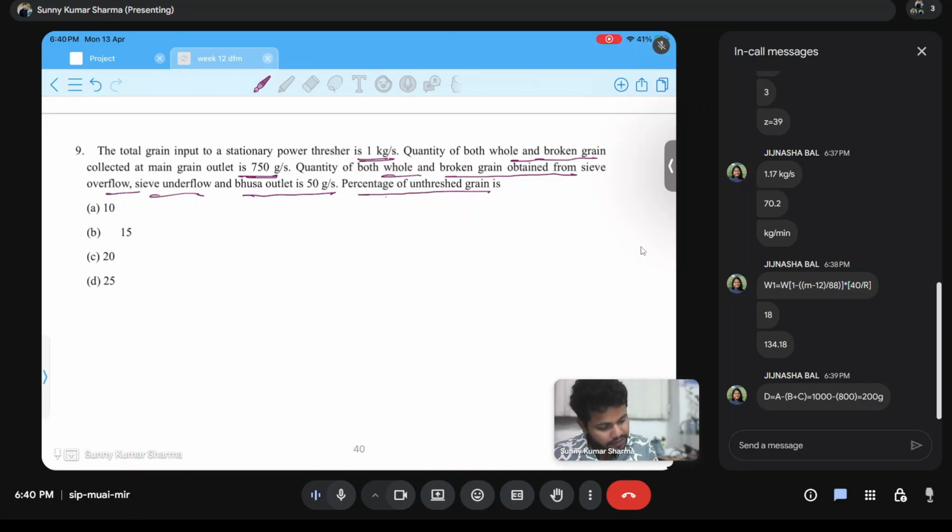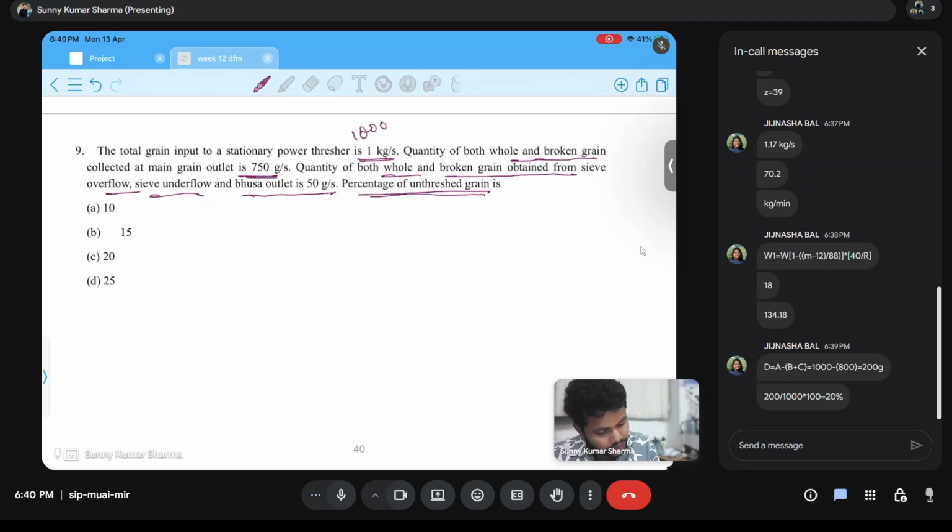So percentage of unthreshed grain will be unthreshed grain at all place by total grain input. So total grain input, we need to convert it in one unit. First, this is 1000 gram per second. And quantity of both whole and broken grain collected is 750 gram per second.